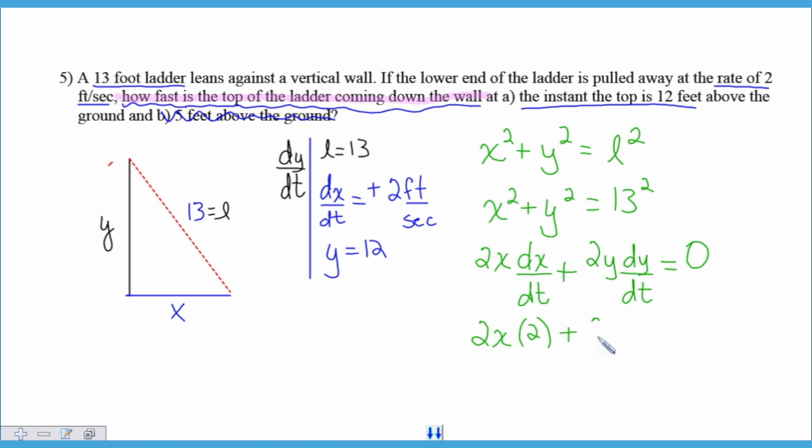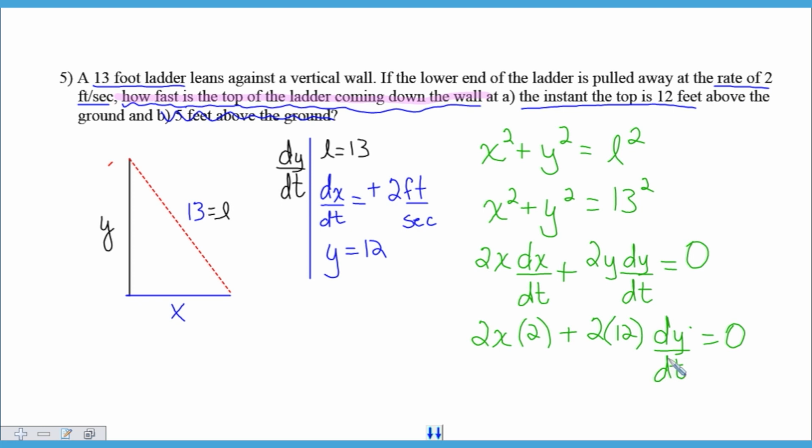I know that y is 12. And I am actually trying to find dy dt. See, that's my original thing. I want to know what that is when all this is happening. So it's actually good that this is left, because that's what I'm looking for. Equals 0. So I'm in a little bit of a quandary, because now I have two things I don't know.